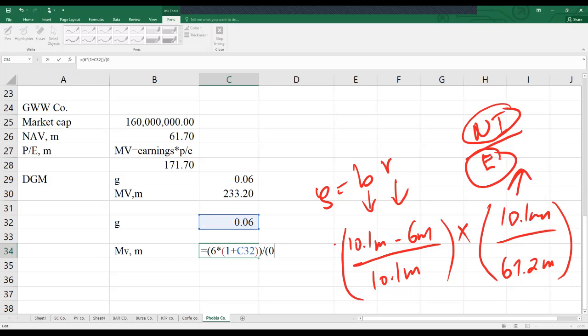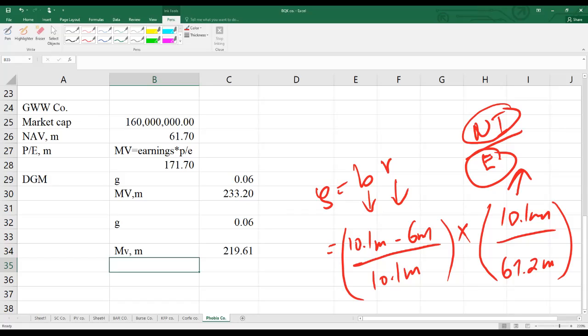Let me put the numerator in brackets and the denominator in brackets also, which is the cost of equity, 9%, 0.09, minus the growth. I refer back to my working, I close the bracket, and I get 219.61 million as the company value in case you use the growth model, where G is estimated using the Gordon's approximation method.